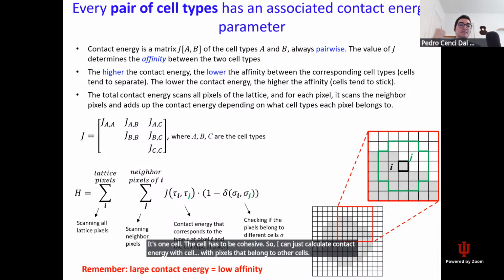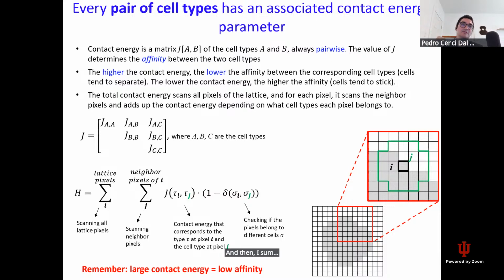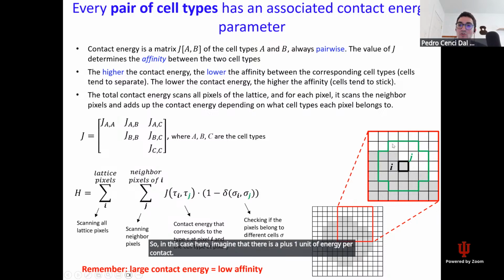And then I sum the contact energy for each one of these neighbor pixels. So in this case here, imagine that there is a +1 unit of energy per contact. I scan all the pixels of this neighborhood, and then what is the result? It's 1, 2, 3, 4, 5, 6, 7, 8, because there are 8 pixels that belong to a different cell. And the other pixels belong to the same cell, so I'm not taking them into account.